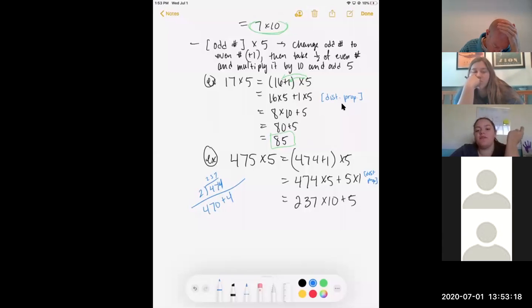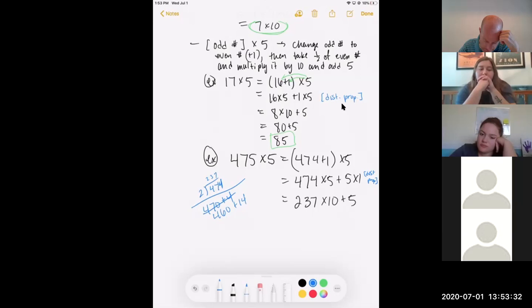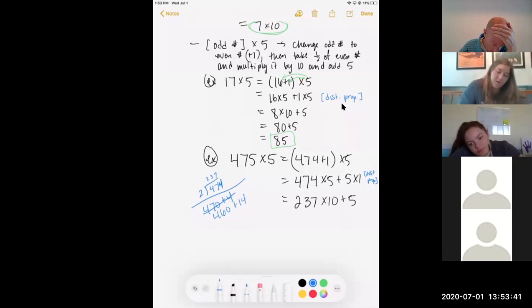So I guess I really did 46 plus 15. So you can split 474 into 460 plus 14. You can split your number into any two numbers that will help you get to the division easier.